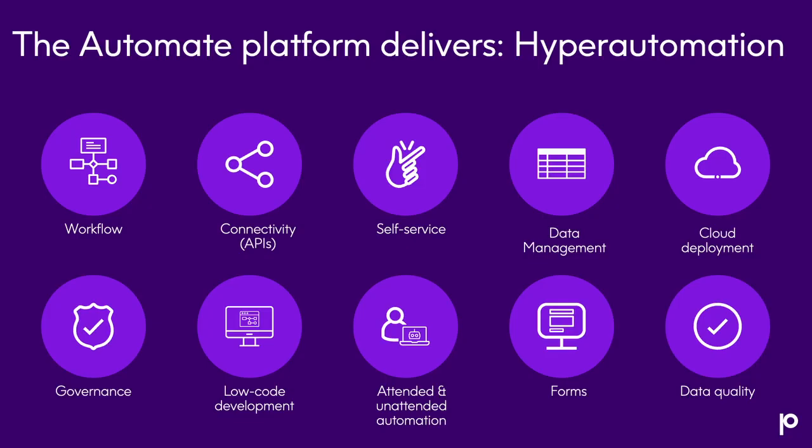We talked about using forms, and then the ability to really maintain and improve your initial data quality and the integrity of your data throughout that automation process. So from a hyperautomation stance, this is where we believe very firmly that the Precisely Automate platform can be the core of your hyperautomation strategy for your SAP processes.